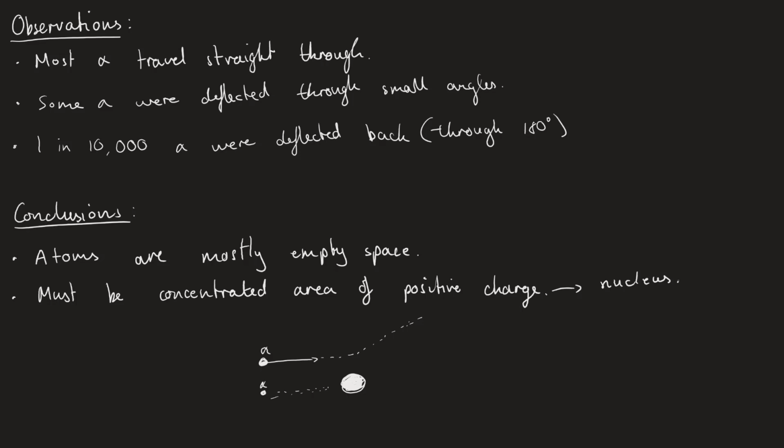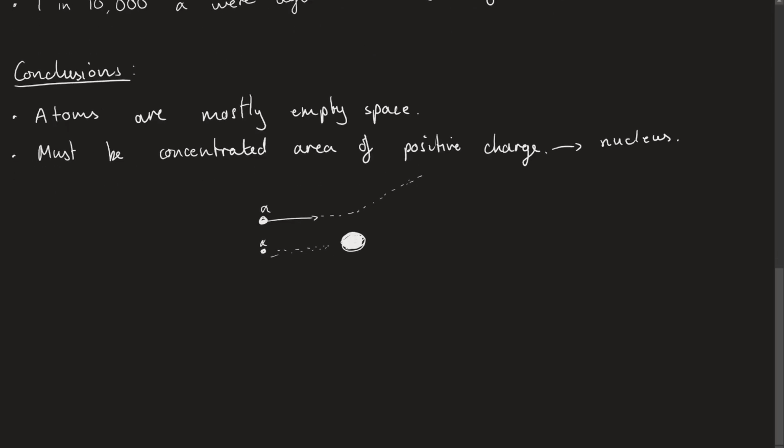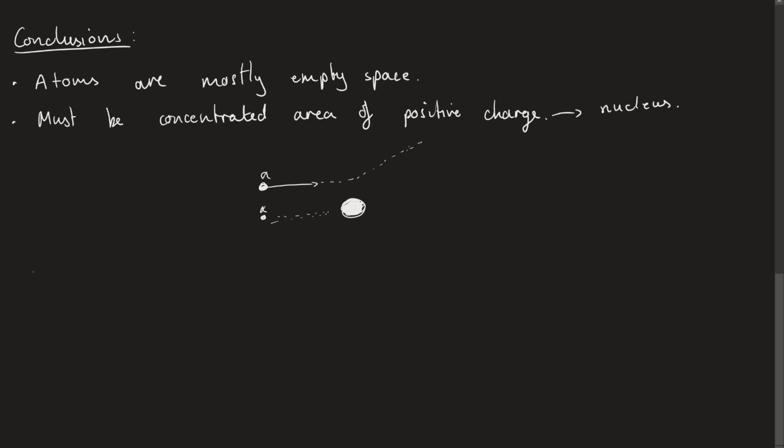Now it does also tell us one small other thing. Using some probabilities, we can say that actually the diameter of the nucleus is therefore 10,000 times smaller than the diameter of the atom.